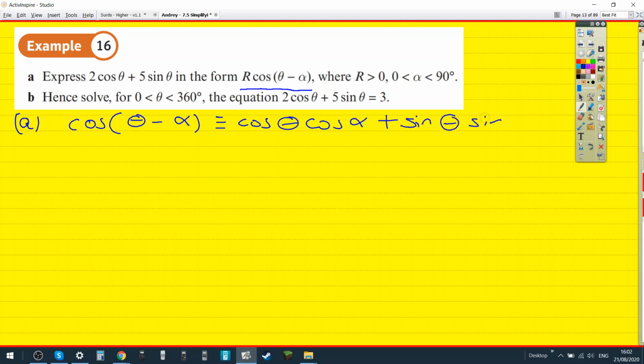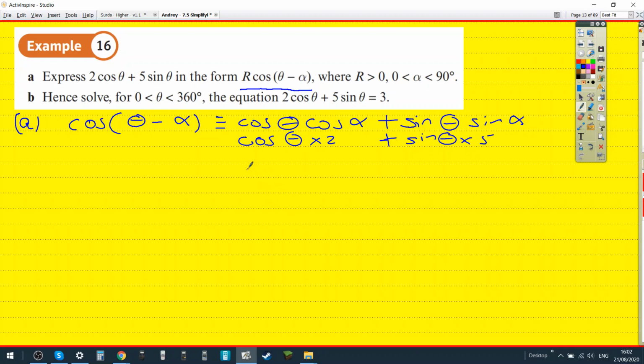What we have here is 2 cos theta. I'll write that as cos theta times 2, and 5 sine theta, sine theta times 5. And so by inspection, match them up.